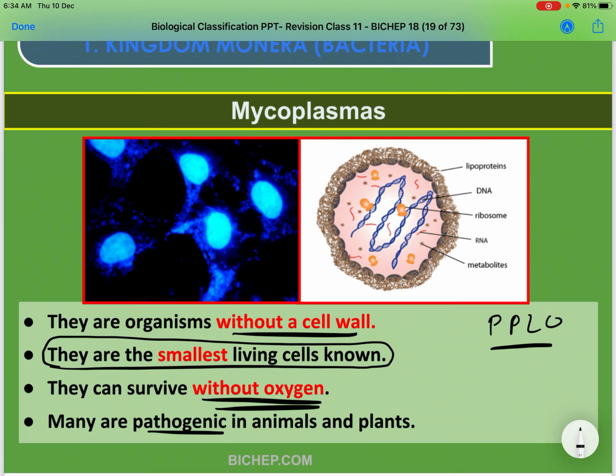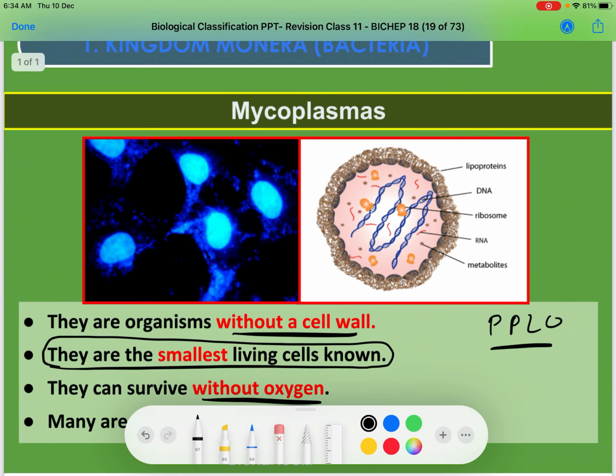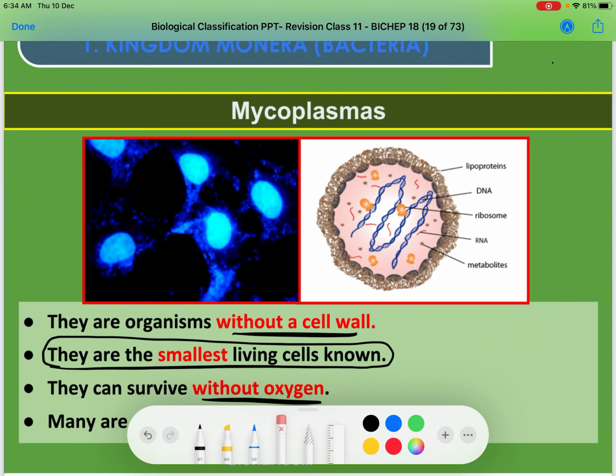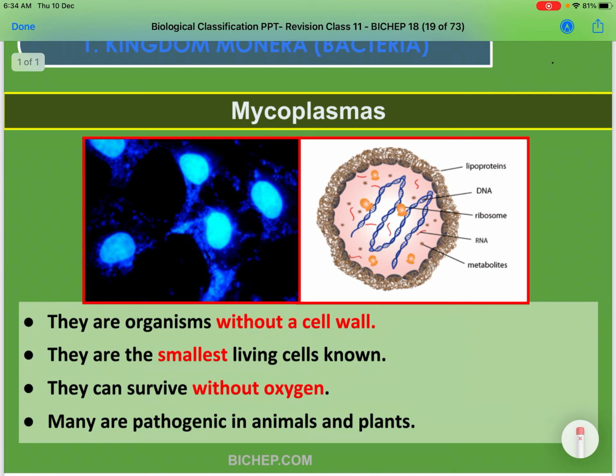But as research went on, and further classification and characteristic features were found, it is now known as mycoplasma. So maybe in a few reference books you also find the word PPLO. So PPLO means pleuropneumonia like organism, and right now they are known as mycoplasmas. So don't get confused with those words, please.